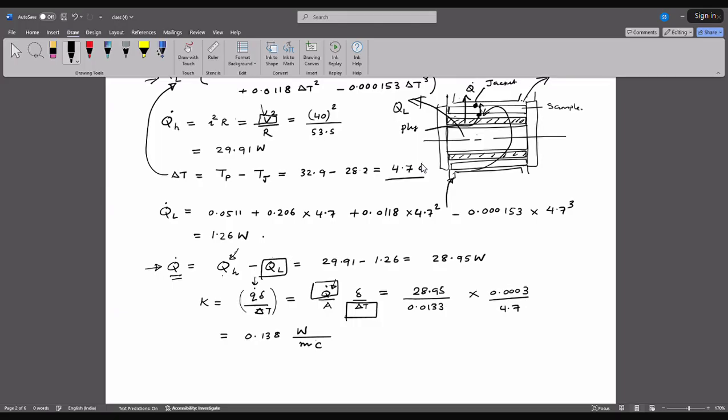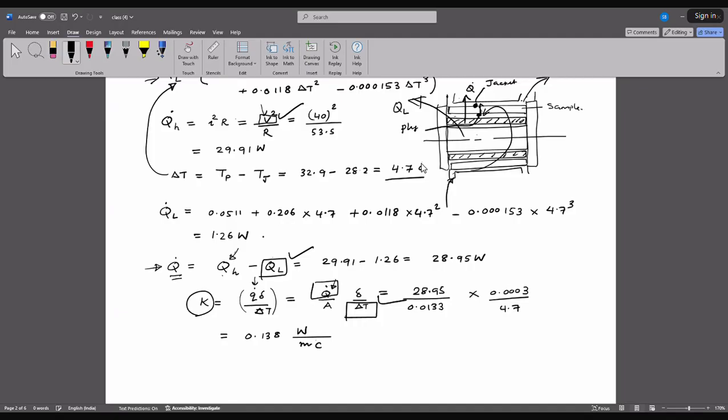So these three have uncertainties. How these uncertainties affect the uncertainty in K is something we need to know.